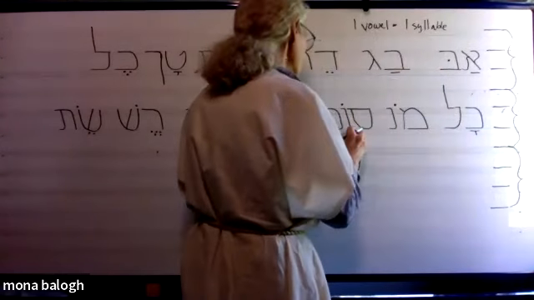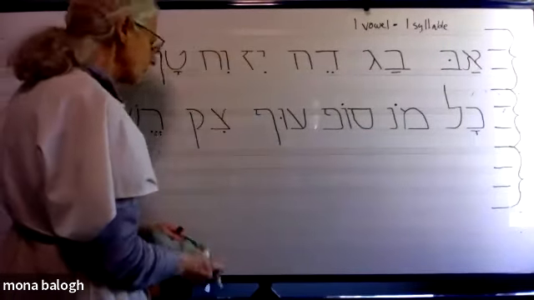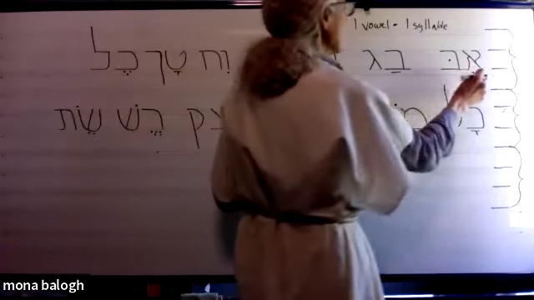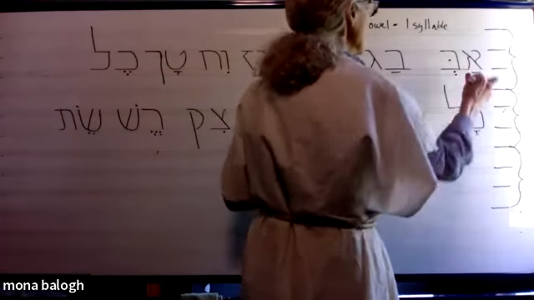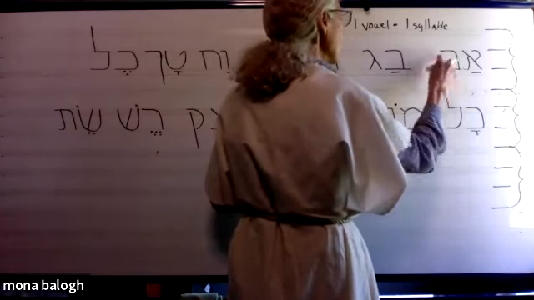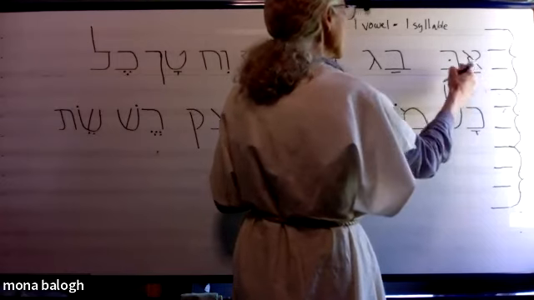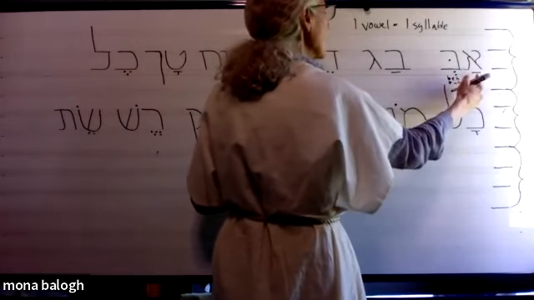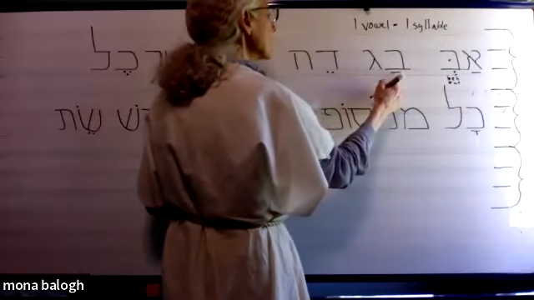The exception to the one vowel, one syllable, is when you have a shva ending the syllable. So this is ab. If I have a shva under the bet, it could be a-be. Remember, the shva makes the letter sound like either an eh sound or no vowel sound. So this could be be or b. A-be or a-b.